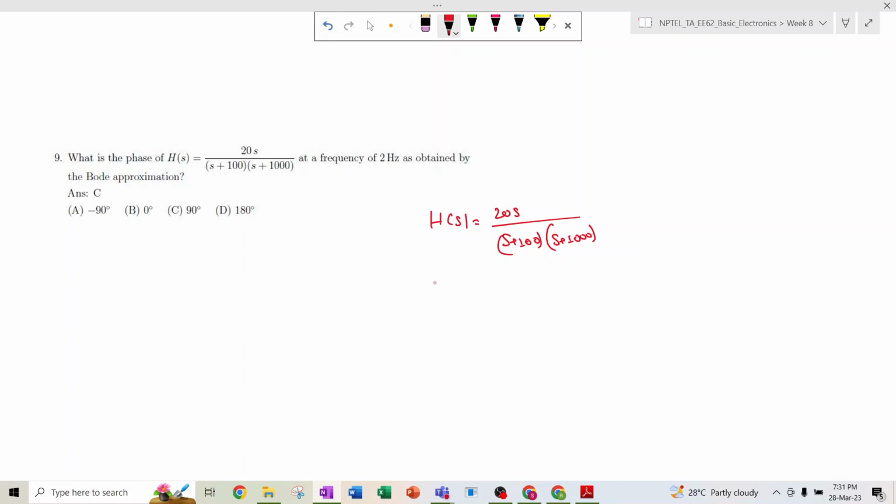So if we plot, it has two plots. One is the magnitude plot, and also there is a phase plot. If we convert it to the Fourier domain, H of j omega is nothing but 20 j omega divided by (j omega plus 100) into (j omega plus 1000).